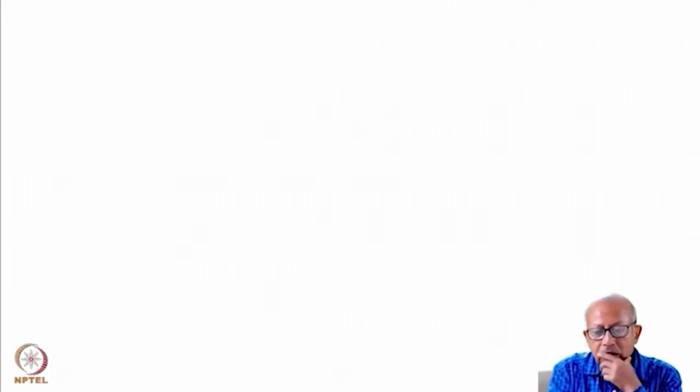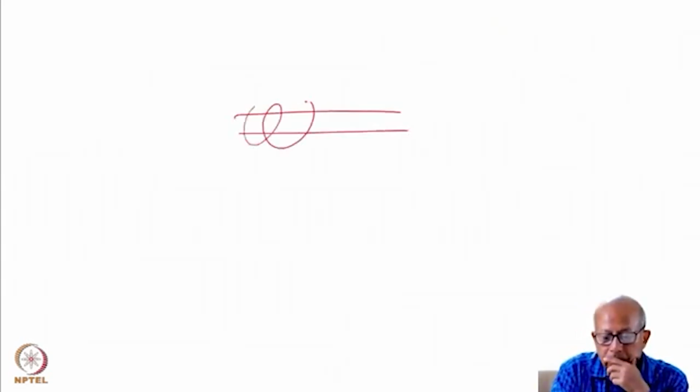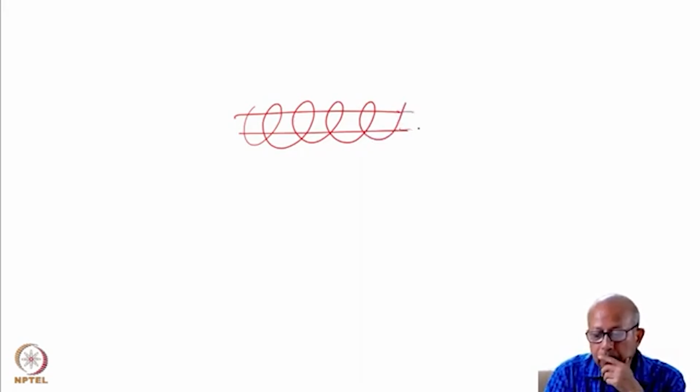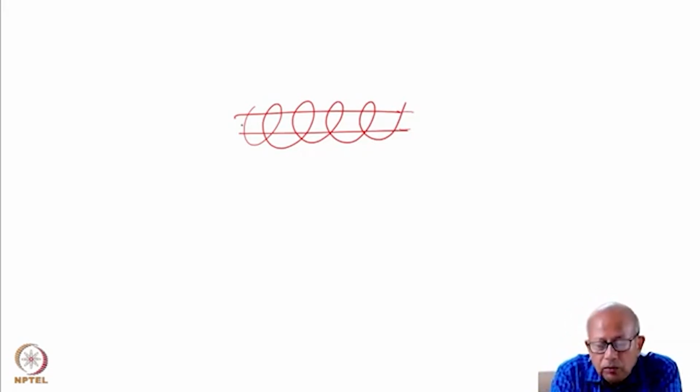Actually, an electromagnetic coil is wound around the discharge tube, and as the current flows through it, it produces an axial magnetic field.